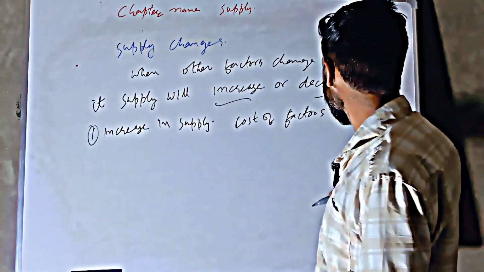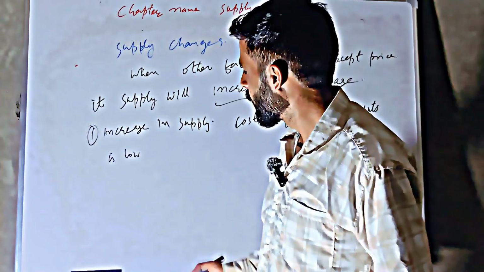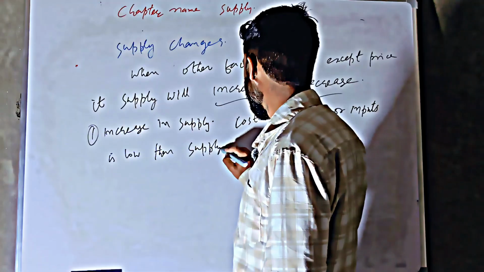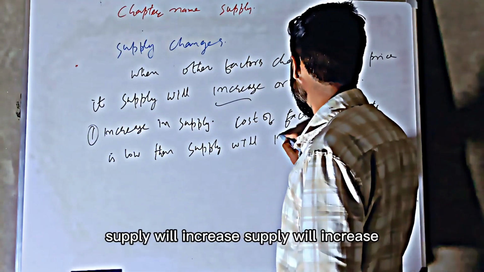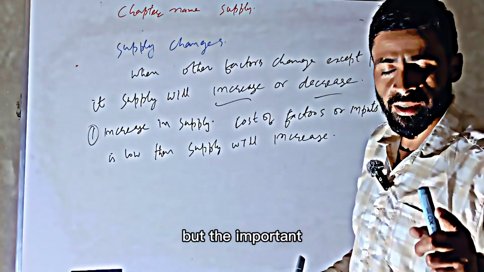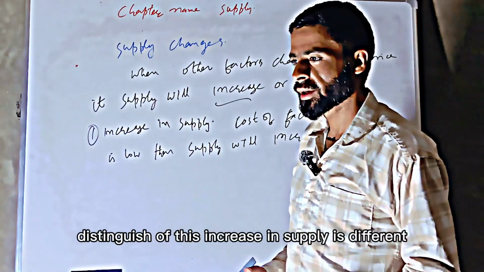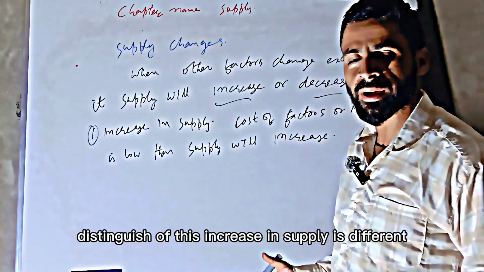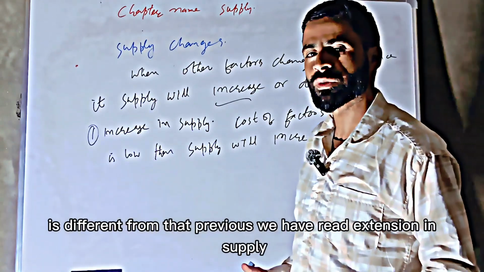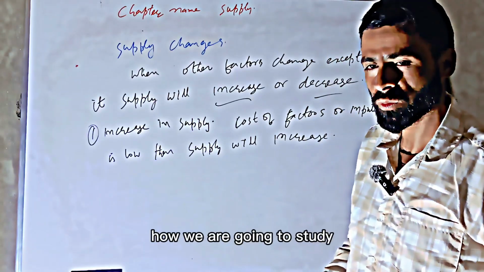If the cost of factors or inputs is low, अगर कम होगी, then supply will increase. But the important distinction of this increase in supply is different from what we have previously read, extension in supply. How? We are going to study.